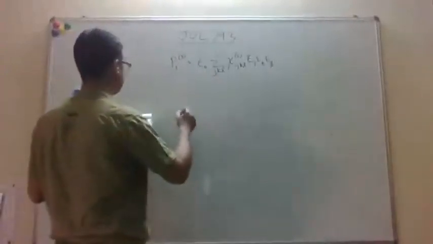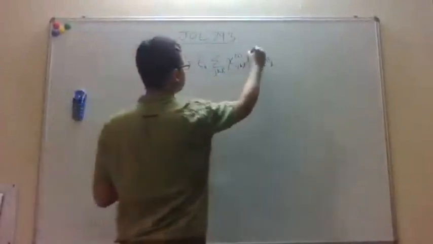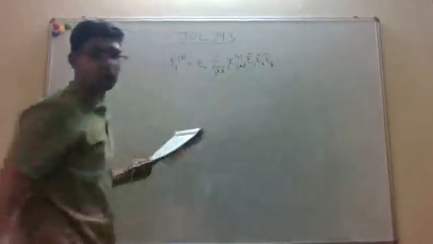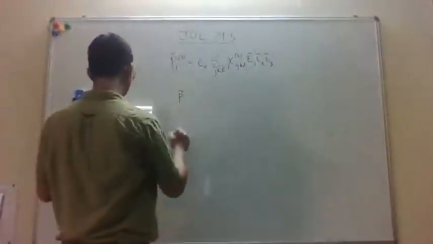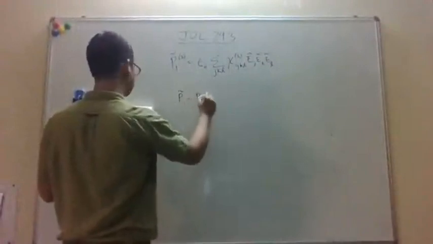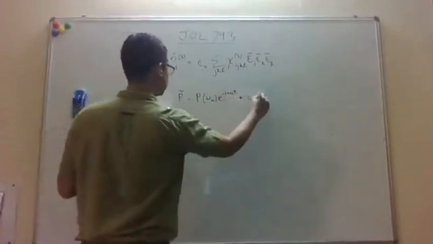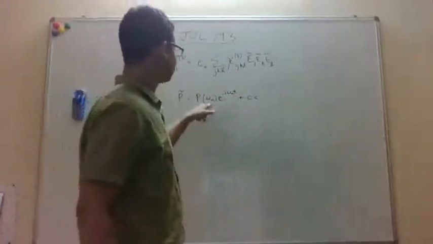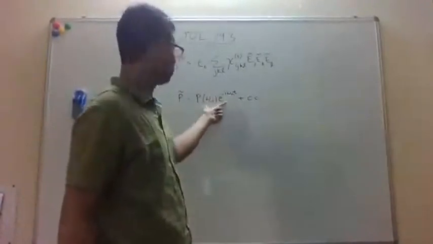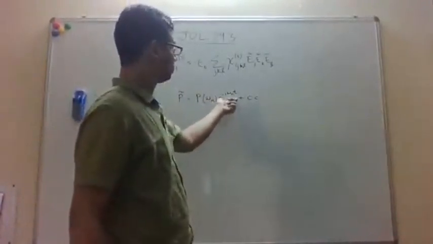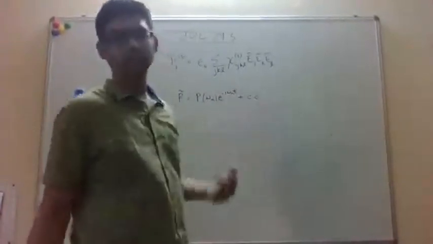So I can write my polarization, at some particular frequency omega n, as a Fourier component at omega n times the sinusoidal wave at omega n, plus CC, which denotes complex conjugate to make it real.